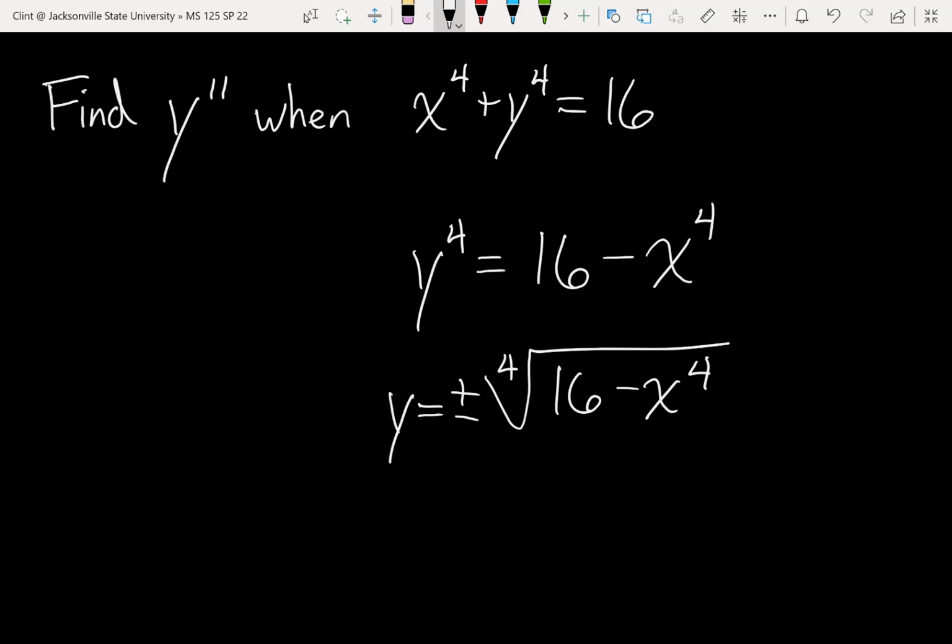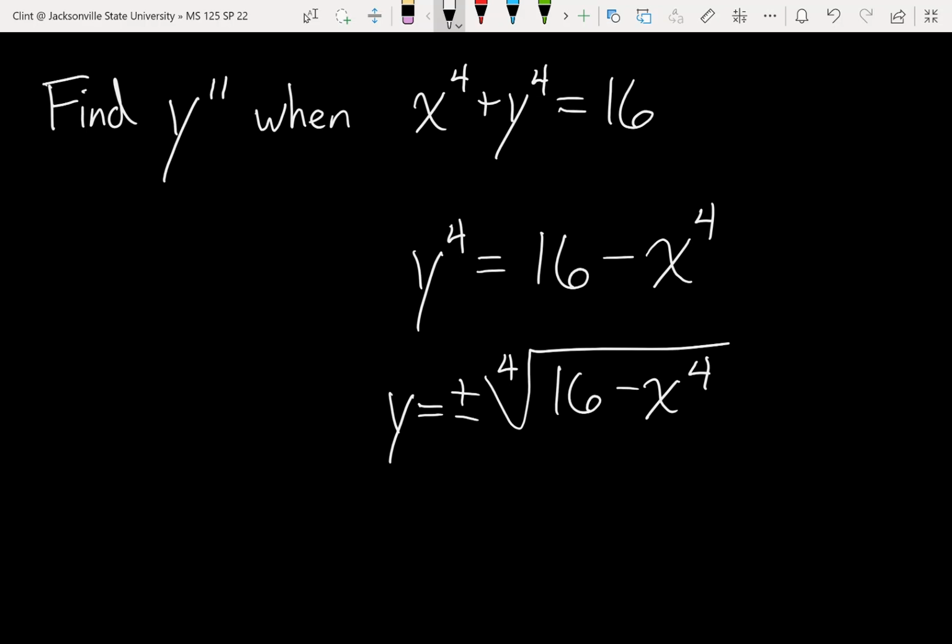The issue, though, is that we can find y prime. And then we have to find y double prime. And so here we get 2 different derivatives, and then we would have 2 different expressions for the second derivative.